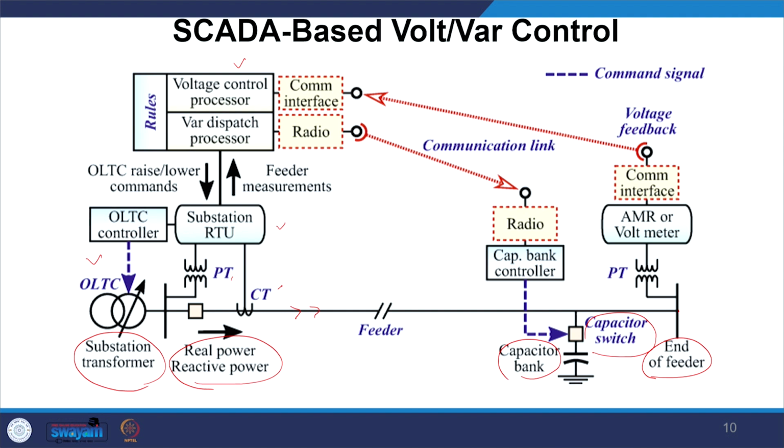So, indirectly, the decision is taken either to switch on the capacitor banks or the transformer taps based on the input received from OLTC, feeder data, capacitor bank data and AMR or voltmeters. Now, once all the data is received by a SCADA-based system, appropriate action is taken for volt-var control.